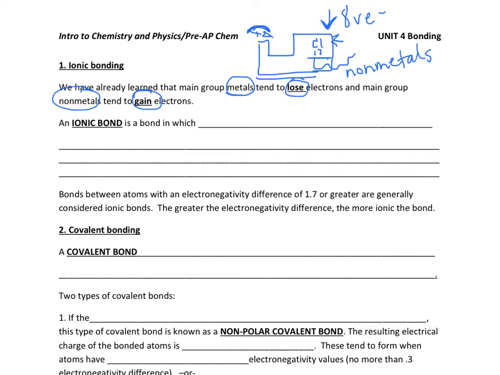An ionic bond is a bond in which atoms give up electrons to other atoms, and the resulting ions are held together by the electrical attraction of the new ions. I said that earlier, but here's a good spot for us to have an actual definition to study and work with. So, atoms give up electrons, and I'm going to shorten this a little.